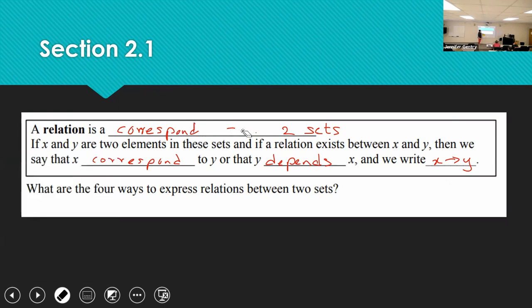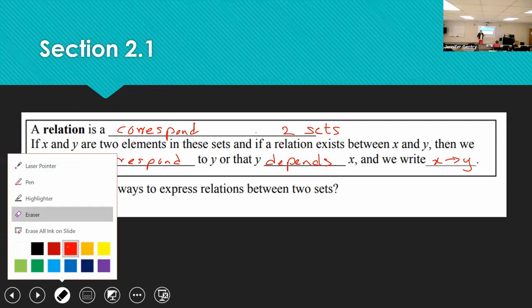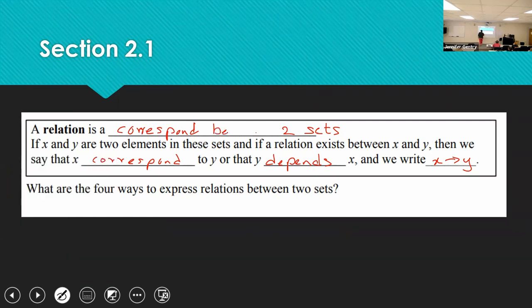We can express relationships in different ways. One way we can do it is by equation. Okay, an f of x, right? Function of x. We can also do it on a graph. Okay.